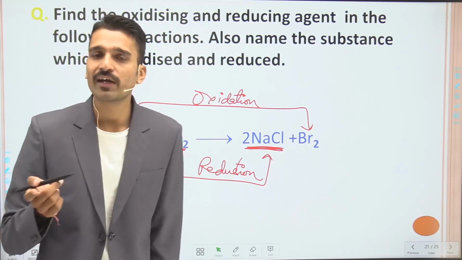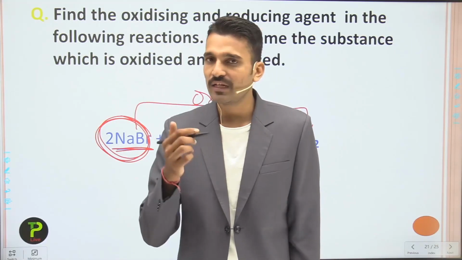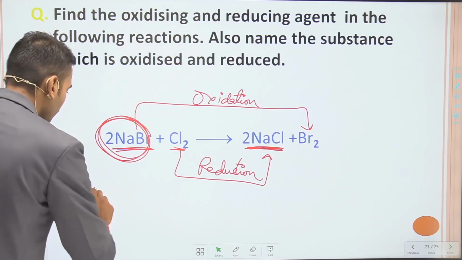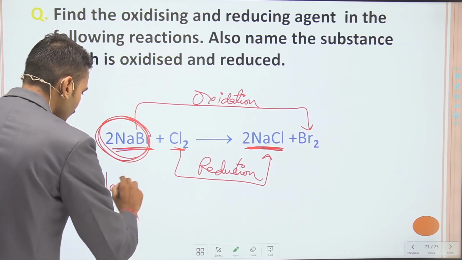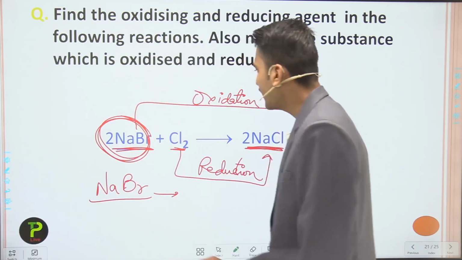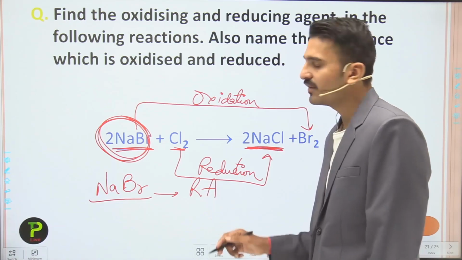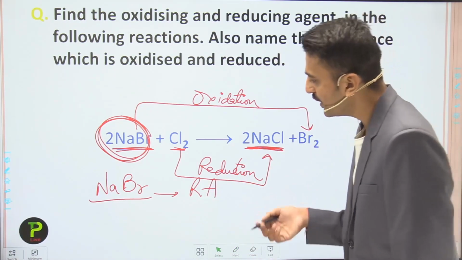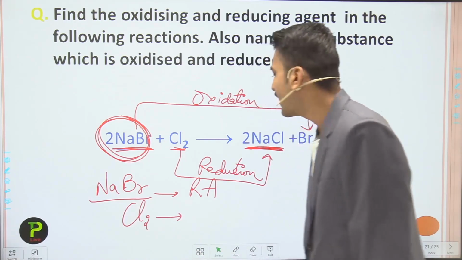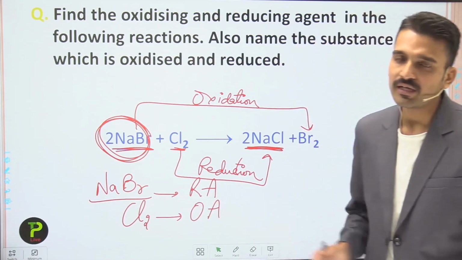NaBr, sodium bromide, is acting as reducing agent, or I can simply write RA for reducing agent, while the chlorine Cl2 is acting as oxidizing agent. For oxidizing agent I am writing here OA.